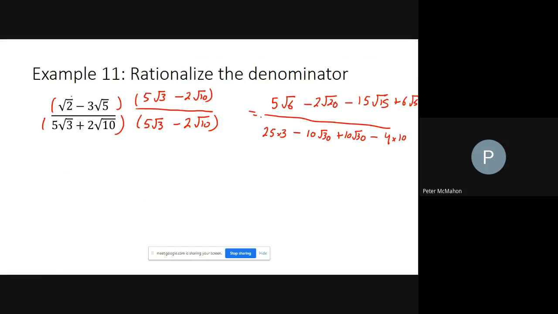Now it's 4 times 10 because 2 times 2 is 4. Root 10 times root 10 is root 100, which is 10.